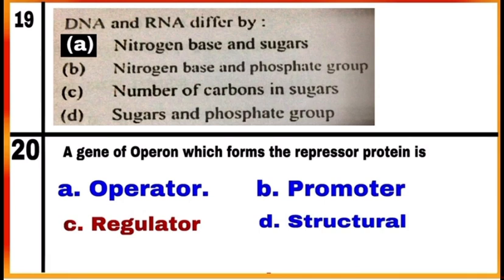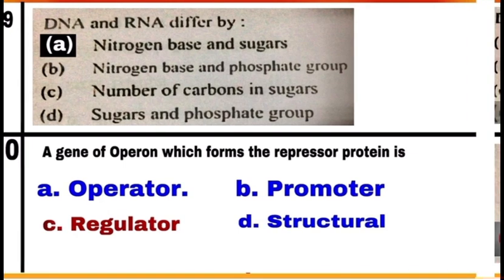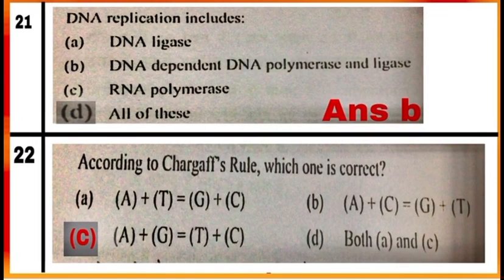Question 20. A gene of the operon which forms the repressor protein is option C, regulator. It is a gene of the operon which forms the repressor protein and regulates the functioning of structural genes. So mark C as the correct answer. Question 21. DNA replication includes?